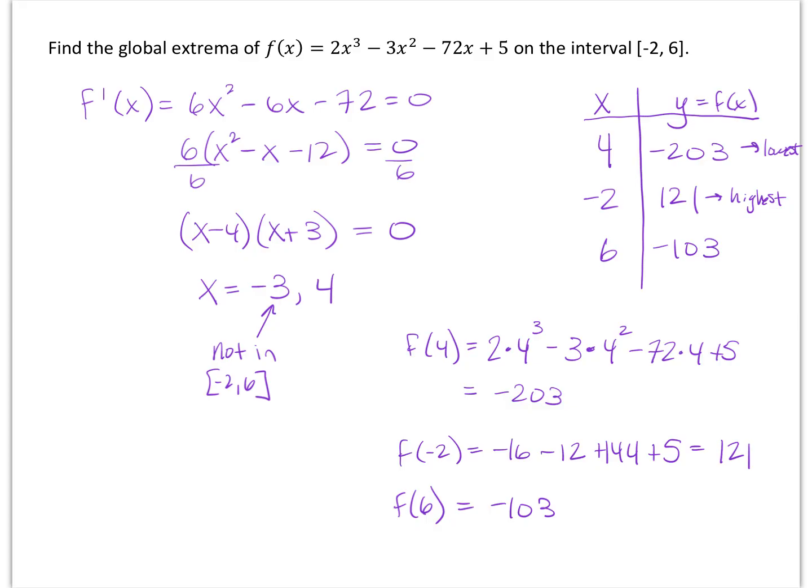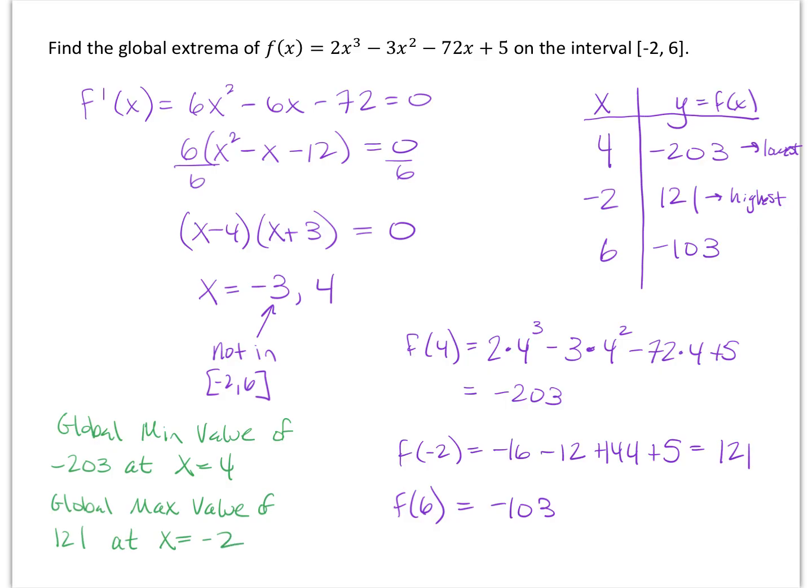I say there is a global minimum value of negative 203 at x equals 4. And we say there's a global maximum value of 121 at x equals negative 2.